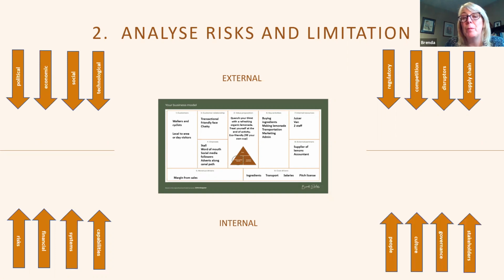Do I have the right people in place? Have I got a nice culture? If I'm wanting my relationship to be chatty and friendly, are the people I'm employing chatty and friendly? And what other stakeholders do I need to think about? In this scenario, there probably aren't really any stakeholders, governance, committees, and who makes decisions and stuff like that.